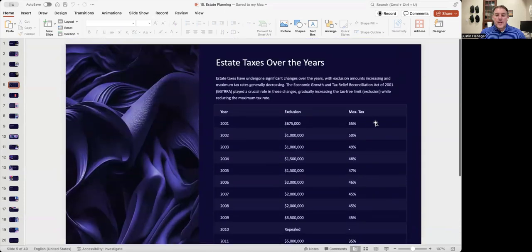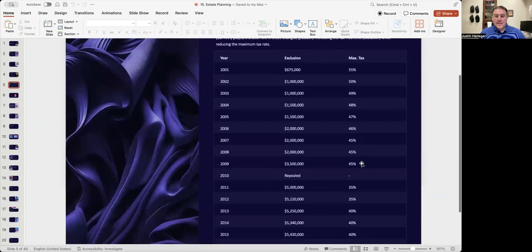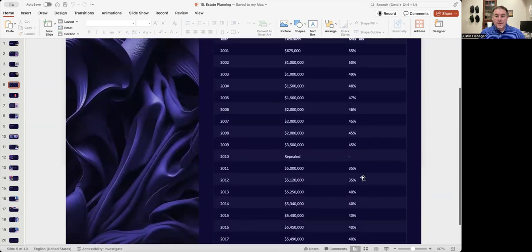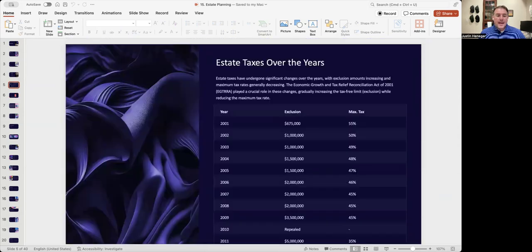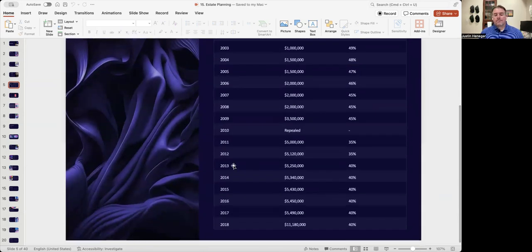So we've ranged from 55, and then we kind of snuck down before the 50s down to 45, and then it went down to 35, and then it's kind of remained at this 40% for roughly the last 10 years or so.